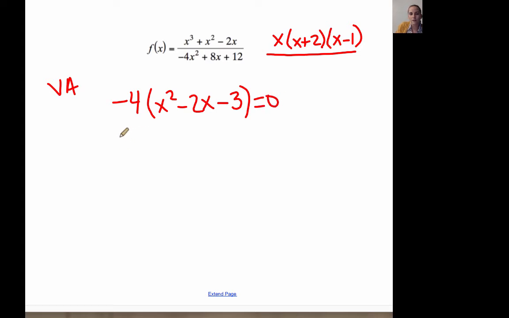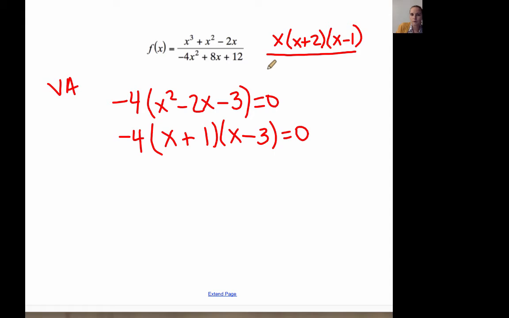I'm going to keep factoring. Negative 4 times, and we'll have a 3 and a 1, because that's the only way to multiply to get 3. I need to create a negative 2, so I'm going to make negative 3 plus 1. That would create a negative 2. Alright, so this is the factored form of the denominator.